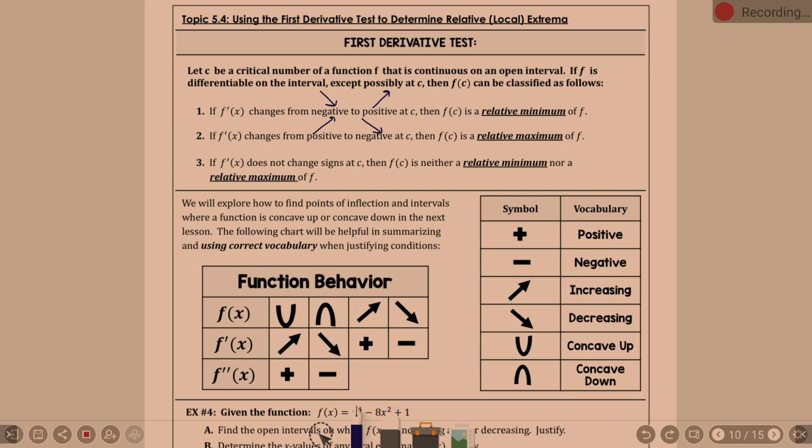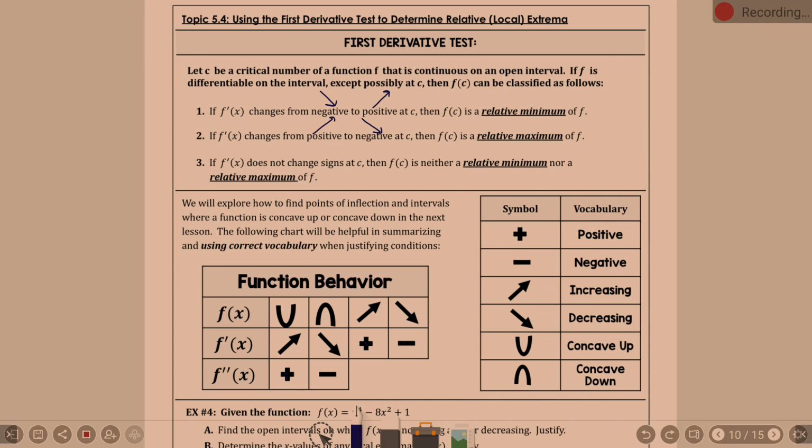This right here is what we've just talked about. If my derivative is positive, my original graph is increasing. If my derivative is negative, my original graph is decreasing. If the second derivative, and again, this is more for Monday, is positive, then my original graph is concave up.